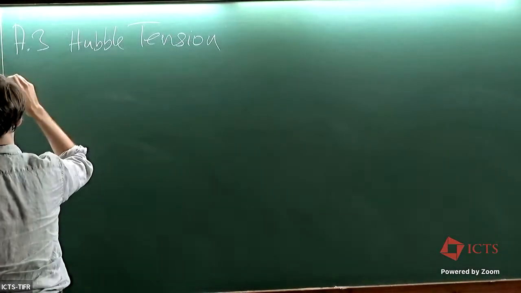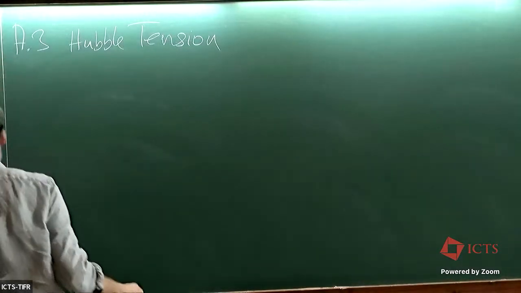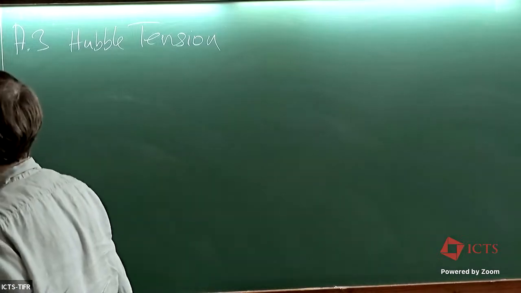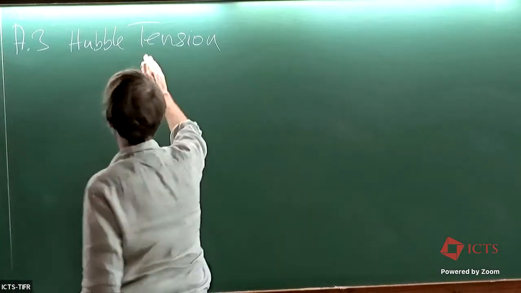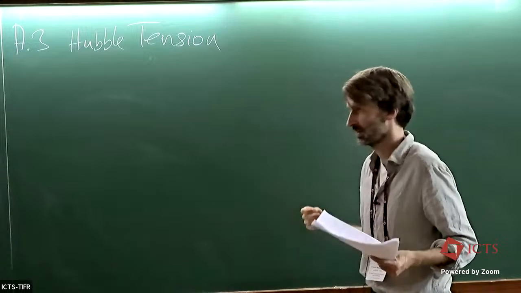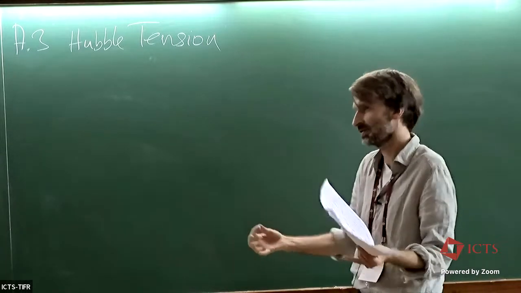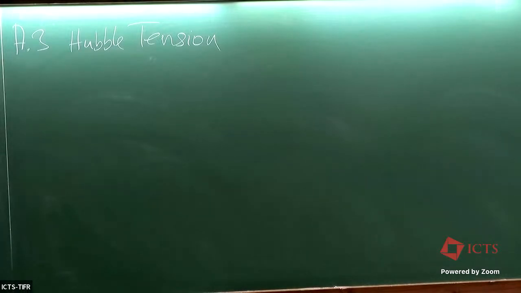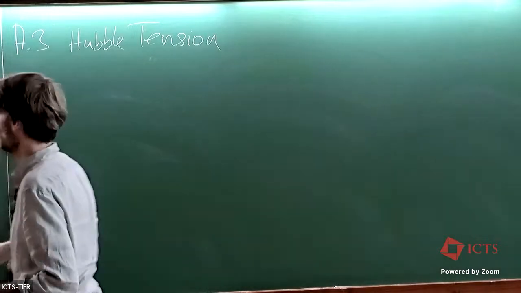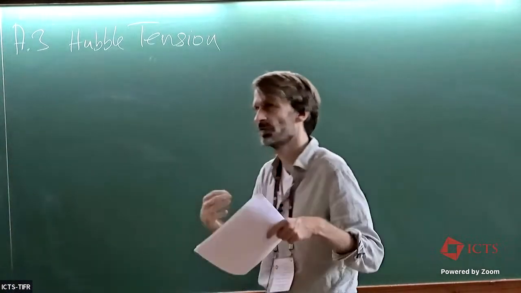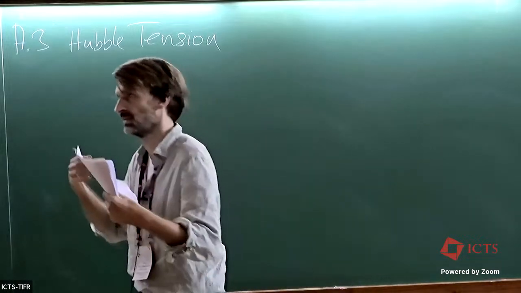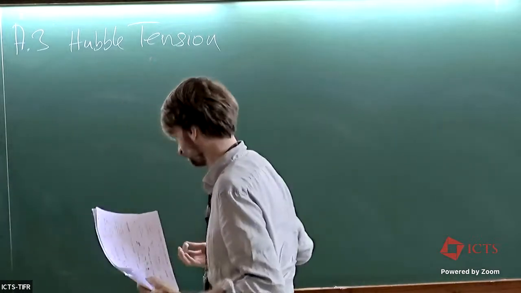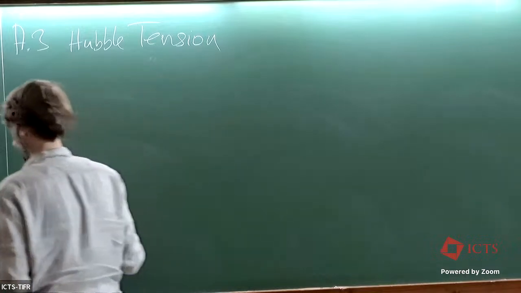The important thing about the Hubble tension is that the Hubble tension is about measuring H0. So there are two measurements and they don't agree. So to appreciate the Hubble tension and to think about physics to resolve it, you really need to understand how that measurement is done, in principle at least.